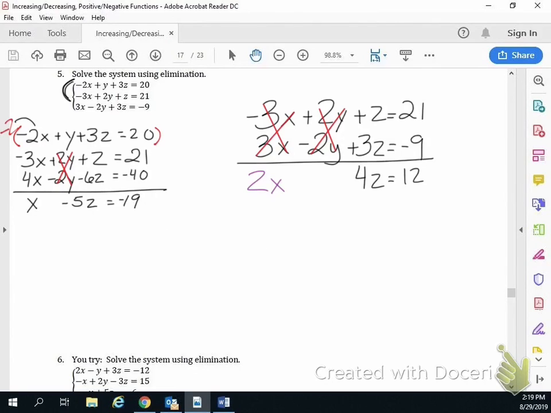Alright, but on the problem we're given here, the x's and the y's cancel. So here, I've hit the jackpot, and I got one equation with one variable. So I can solve for z right now, which would be what? 3. I then need to take my 3. I need to look back through my work for any equation that has z and only one other variable. So this right here.